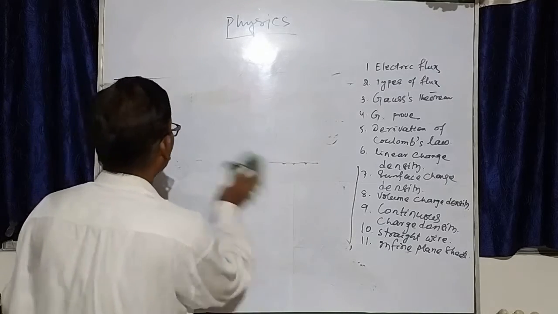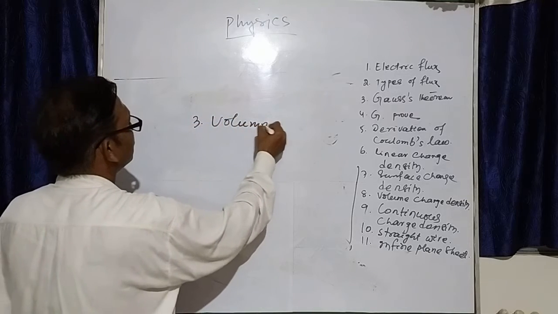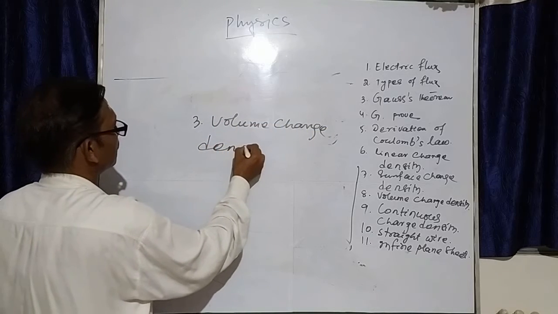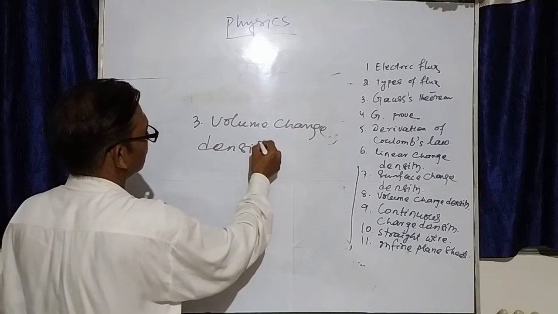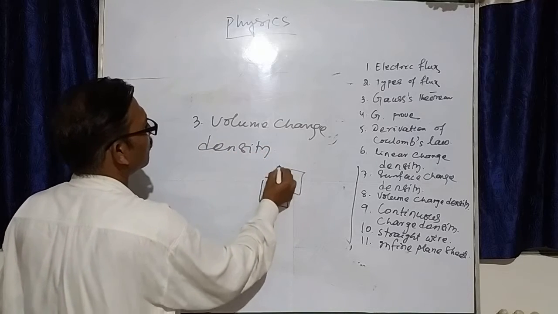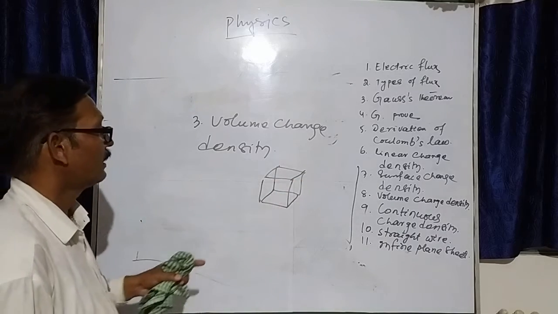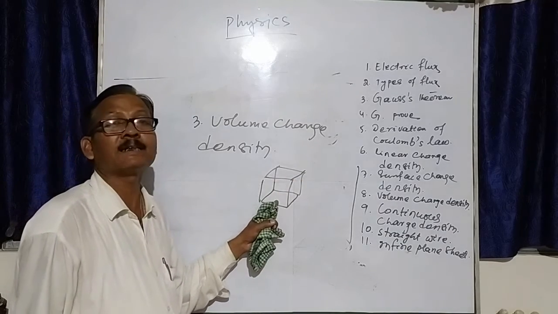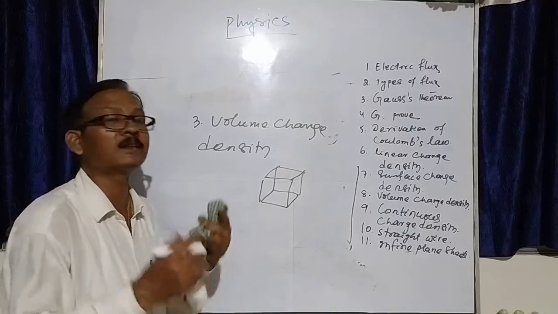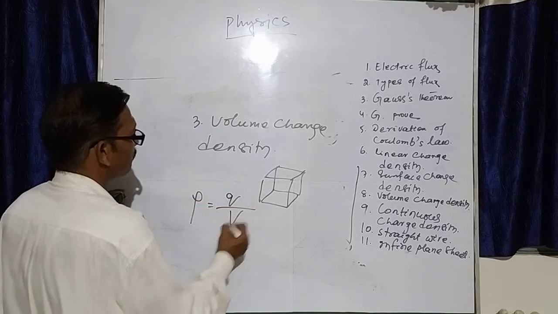Next come to volume charge density. Take a cube. Inside the cube, how much charge there is, that is called density. Less charge, less density; more charge, more density. So rho is equal to charge per unit volume.